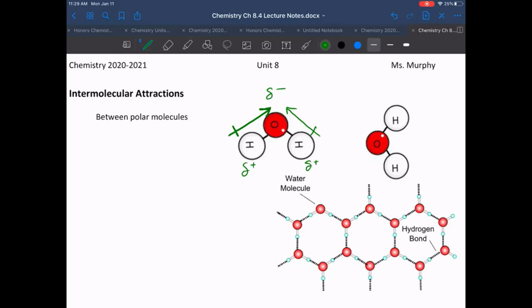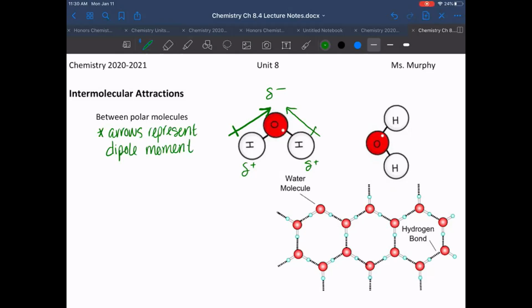What I'm drawing here is a Greek symbol sigma, and this is what they use to represent partial. These arrows represent what's called a dipole moment. And this term dipole just represents these partial charges that occur because of the drawing of electrons.